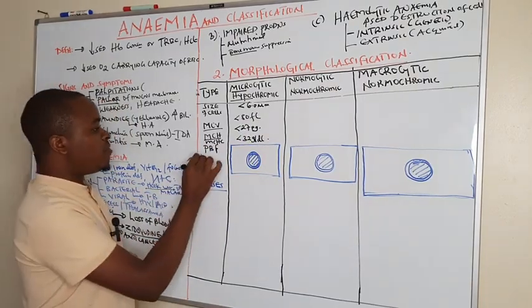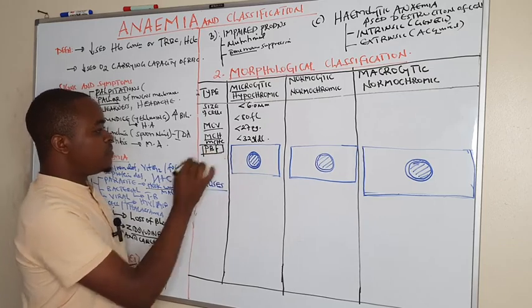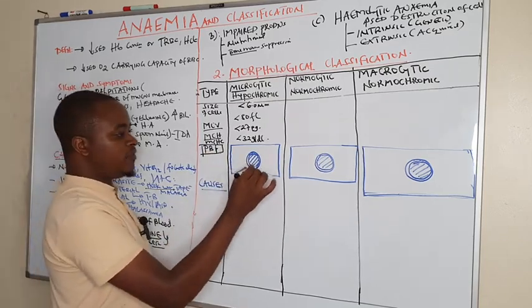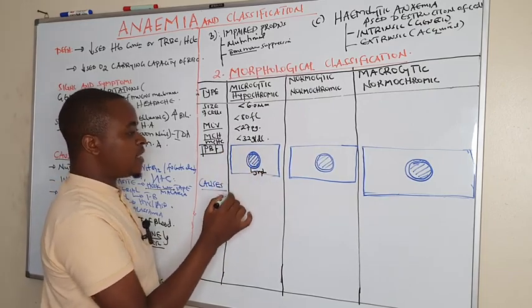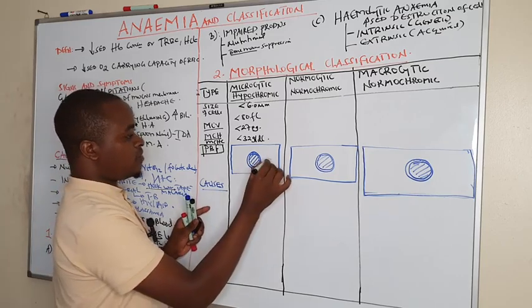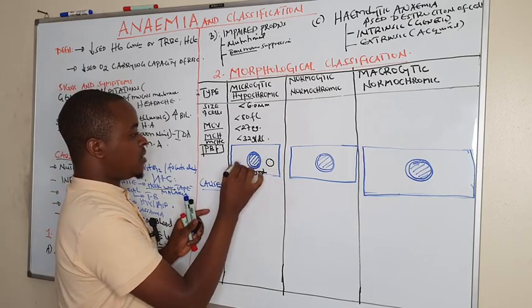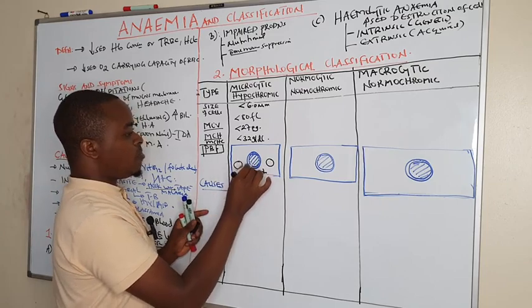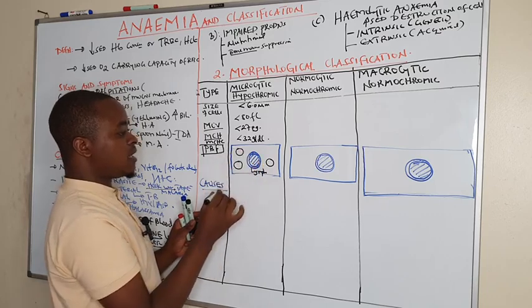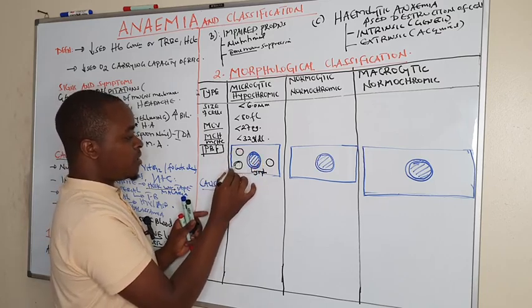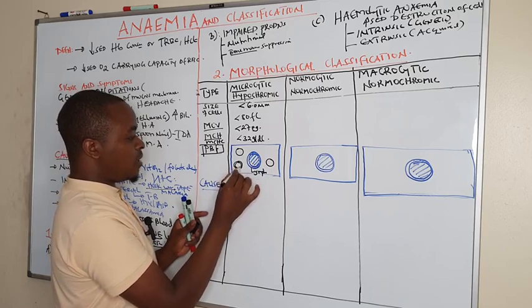And under peripheral blood film or thin film, if this is a small resting lymphocyte, we shall find that the red cells are small in size compared to the nucleus of the resting lymphocyte. They are small in size, and the area of central pallor is bigger.